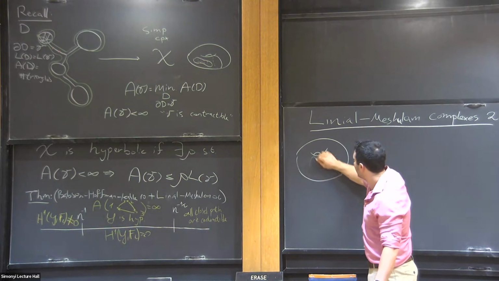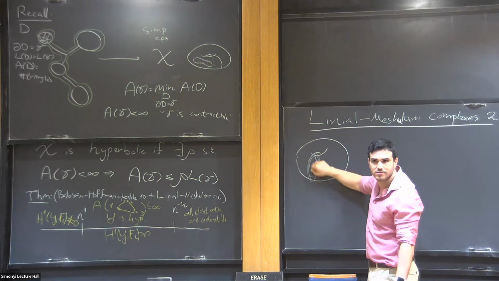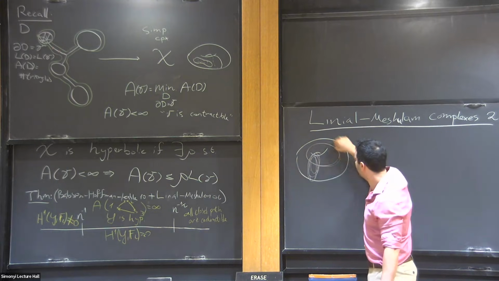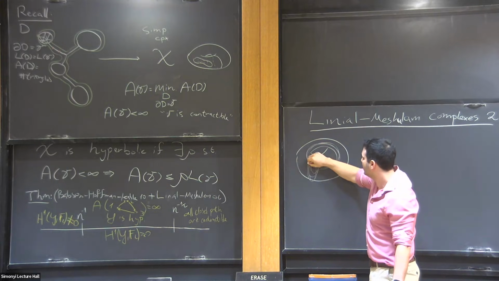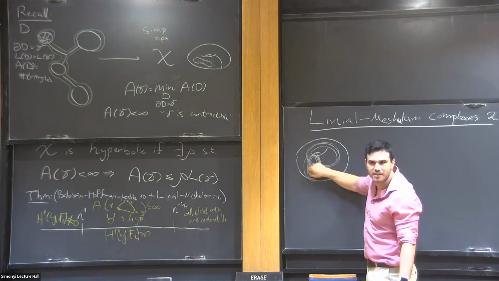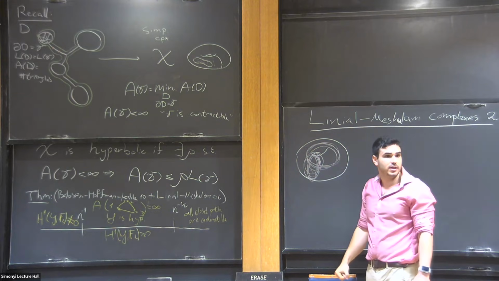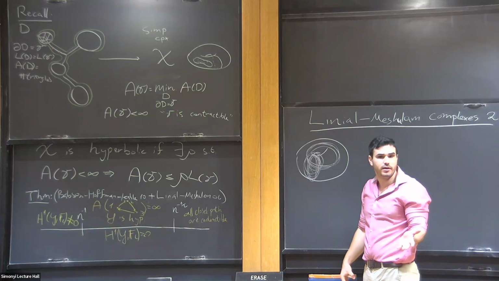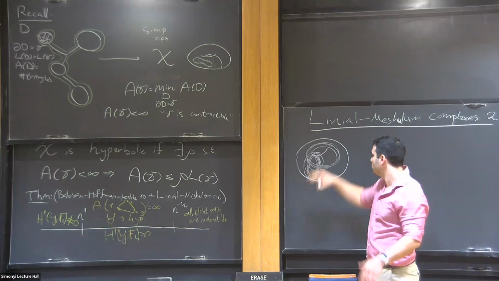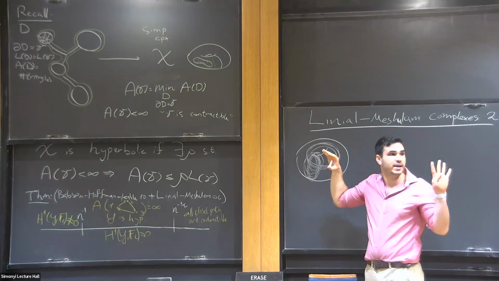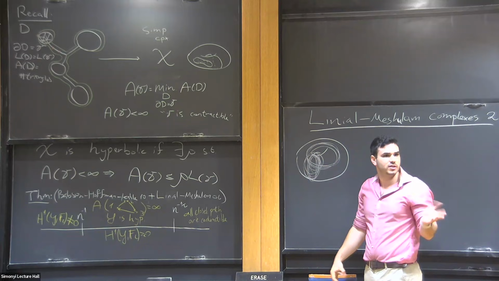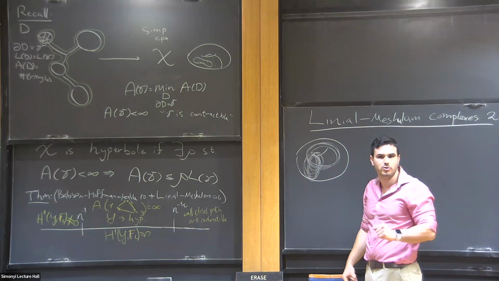Just go around here n times, then go around here n times, then go in the other direction n times here, and in the other direction n times here. You get something with finite area, and the length of this thing was 4n, and you can convince yourself that to fill this up, you need something on the order of n squared.